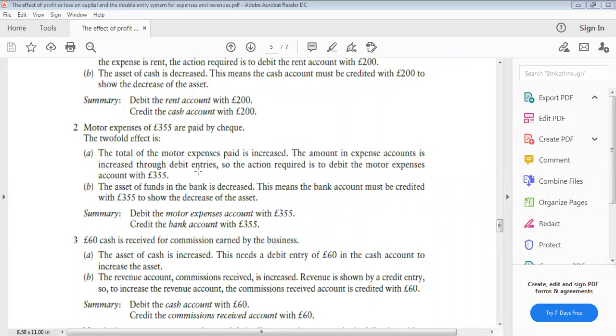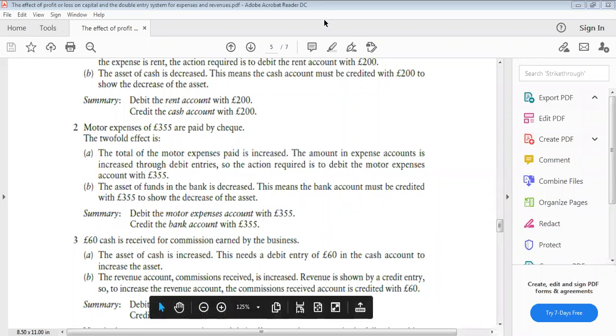So when you're increasing the expenses account, you debit. The action required is to debit the motor expenses account with 355. The asset of funds in the bank is decreased. This means the bank account must be credited with 355 to show the decrease of the asset. So here we go again.